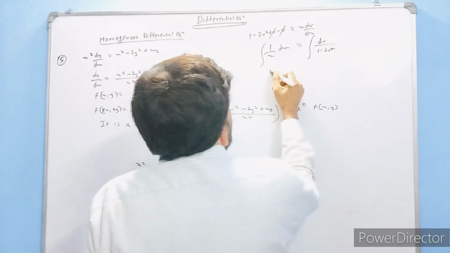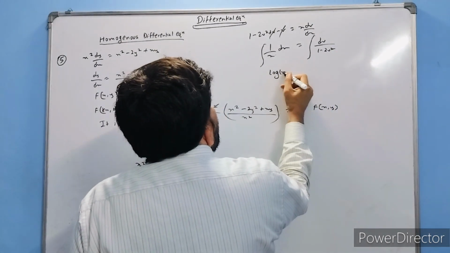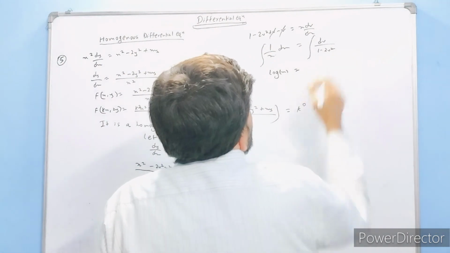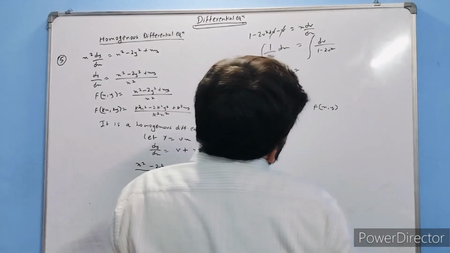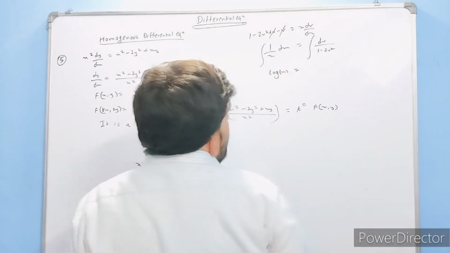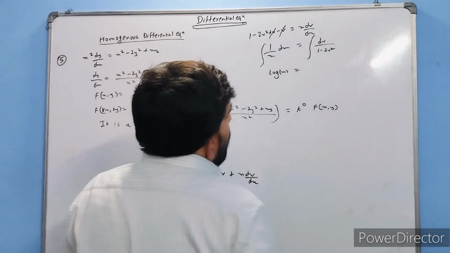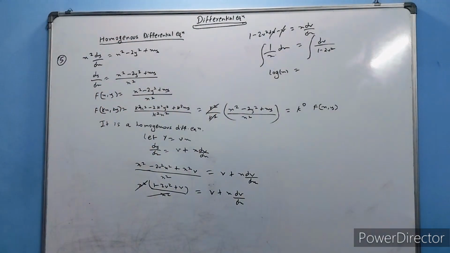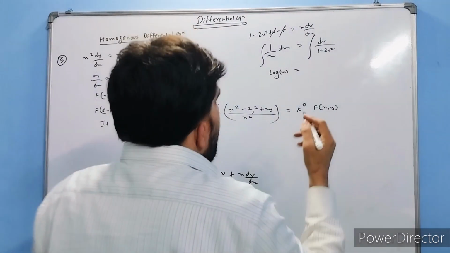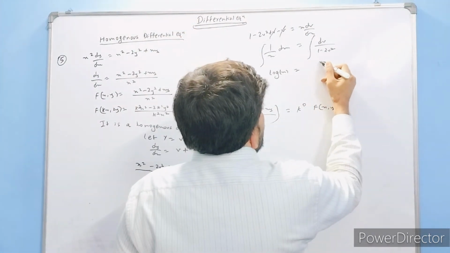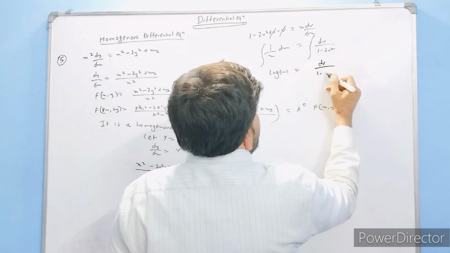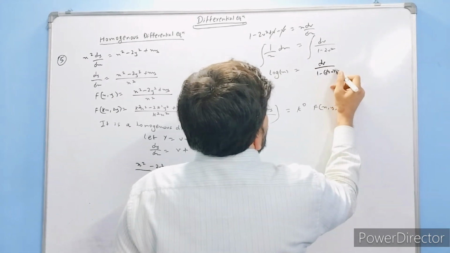So now we'll integrate. We can write it as dv upon 1 minus (root 2 v) whole square.